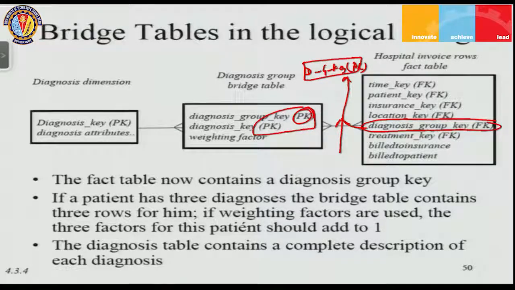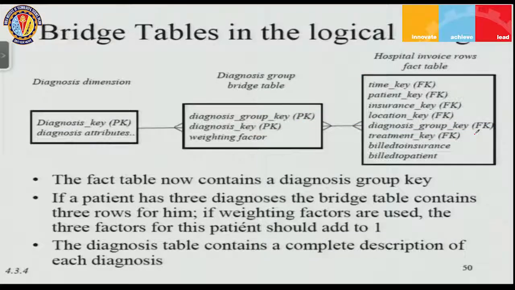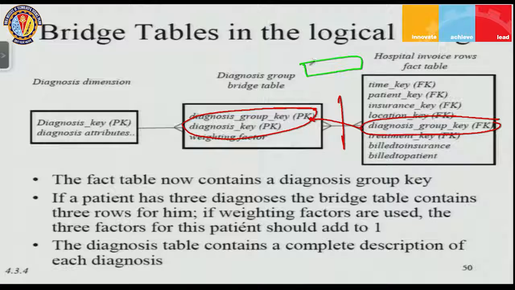Sorry, let me redraw this. I'll clear this whole thing. So what happens is that this is a foreign key which talks to this, and here there is a composite primary key. Some RDBMSs do not allow this. So what we do is we create another table in between, where I keep only one single field.